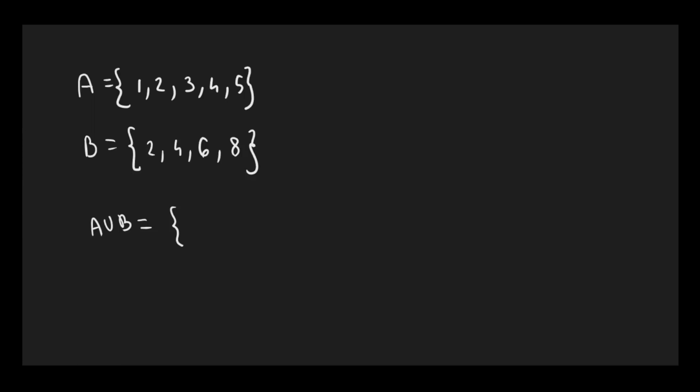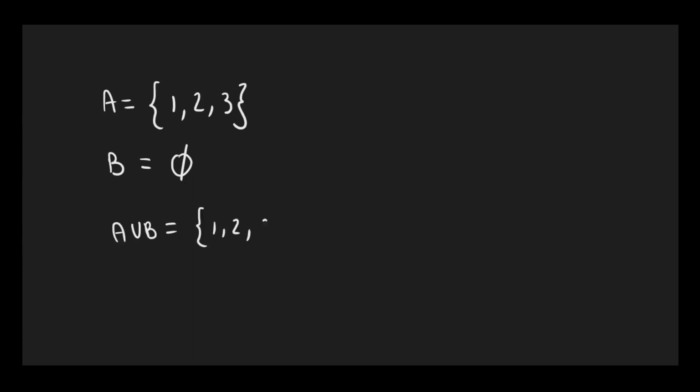So we can take every element from set A, 1, 2, 3, 4, and 5. And then we can take all the elements from B without duplicating any other elements. So for example, 2 is already contained in A union B, and 4 is already contained, but 6 and 8 are still not contained, so we can just write down 6 and 8, and that's the answer.